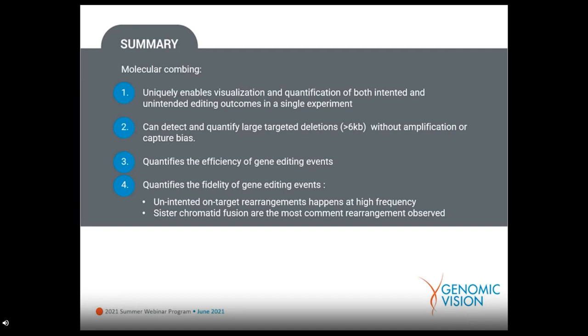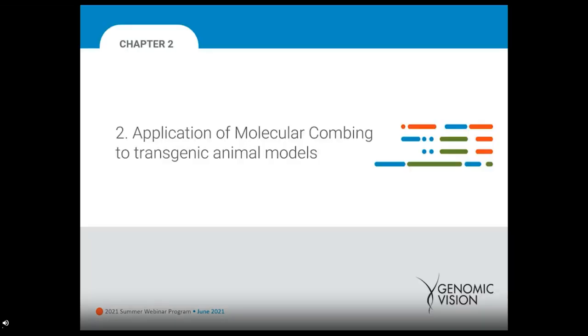Unintended on-target rearrangements happen at a high frequency, and sister chromatid fusions are the most common rearrangements observed. So whether these rearrangements persist or are counter-selected in further divisions is still an open question and needs further investigations. So I will now present the application of molecular combing to transgenic animal models.